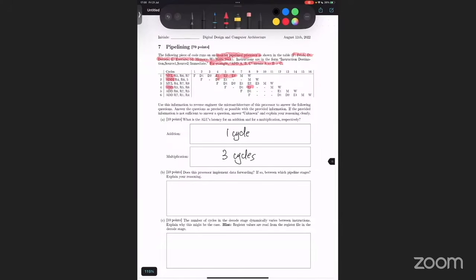Okay, so for the second question, does this processor implement data forwarding? The purpose of data forwarding is to forward the results that are needed by following instructions before they are written back to the register files.